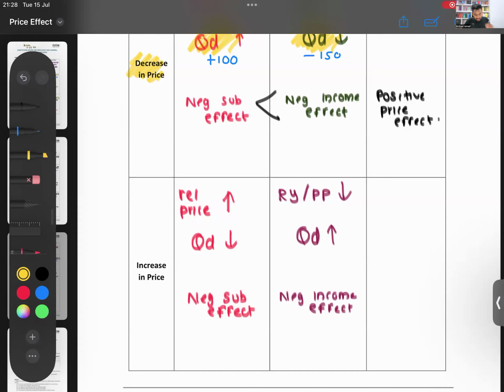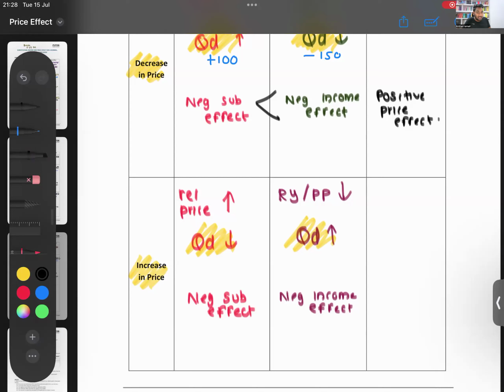See, substitution effect is saying, look here, if the price increases, QD will come down. For a given good, the inferior good is saying, no, QD will increase. They are saying the other side. But who is more dominant?